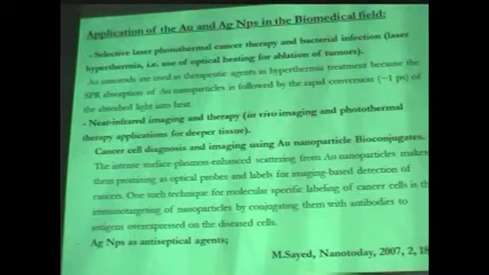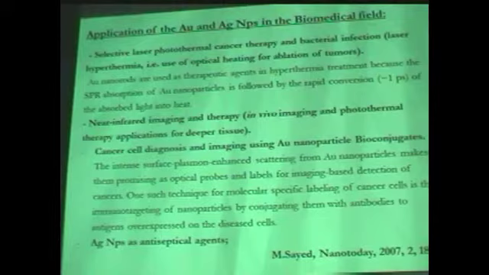Also, those nanoparticles may be used in cancer cell diagnosis and imaging by using bioconjugated gold nanoparticles. And the intense surface plasmon enhanced scattering from gold nanoparticles makes them promising as optical probes and labels for imaging-based detection of cancers.